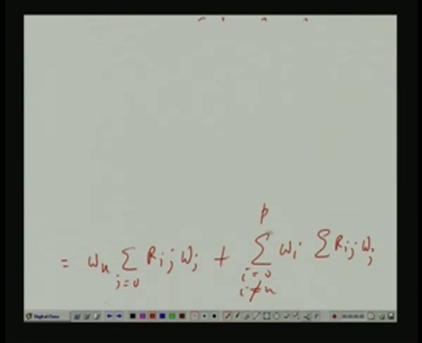In the second term, in the outer summation, w k never comes, for each i, because i equal to k has been separated out, but for each i in the outer summation, in the inner summation, w k comes once when j becomes k. So, I get r i k w k, and there if I differentiate with respect to w k, I get r i k. So, this gives rise to w i r i k, simple, i equal to 0 to p and i not equal to k.